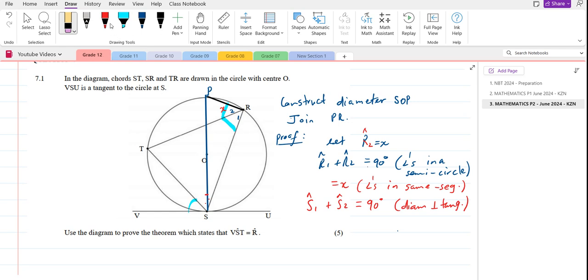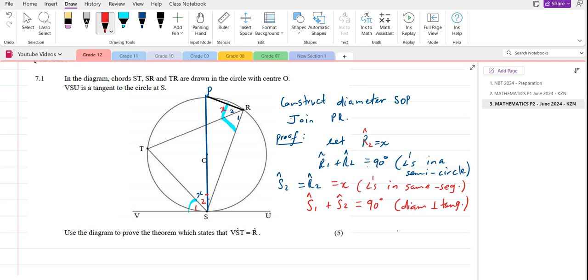That's what we wanted, an x here. So let's call this angle S1, S2. So angle S2 is equal to angle R2, which is equal to x, because angles in the same segment.